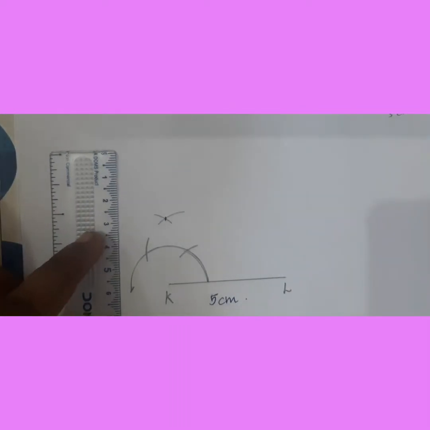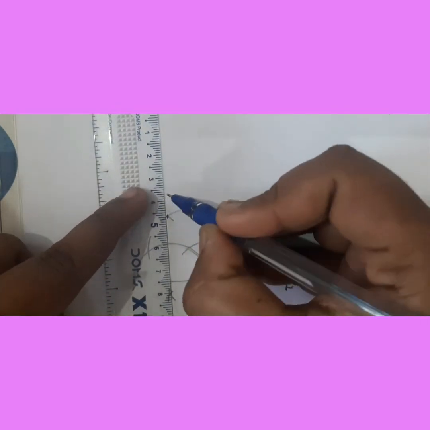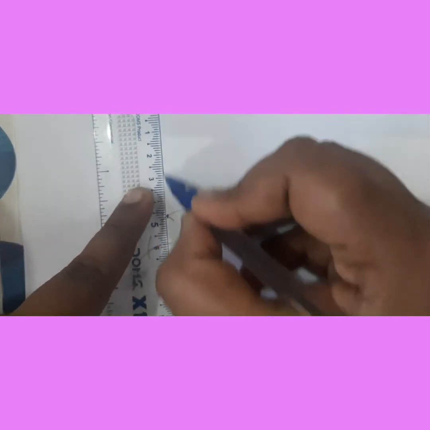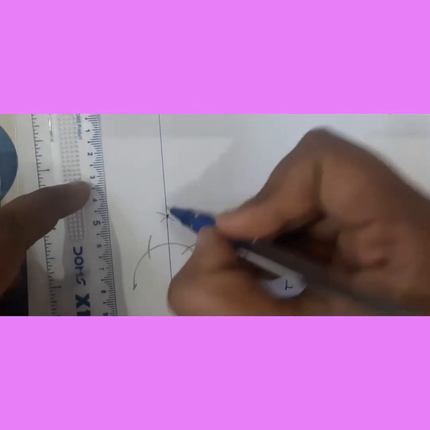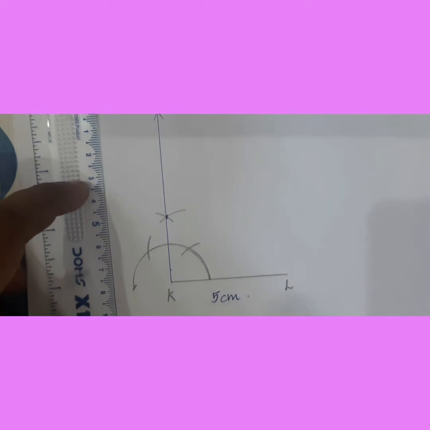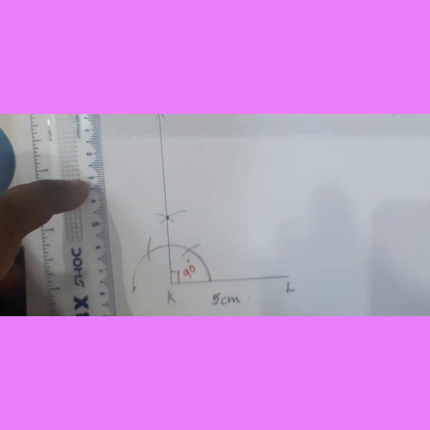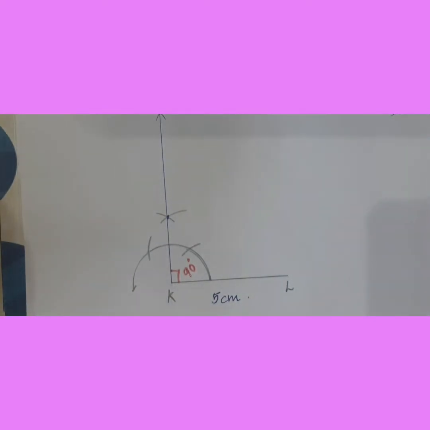Okay, this will give you 90 degree. So, draw one arc using 90 degree. Okay, this is 90 degree. So 90 degree is now over.